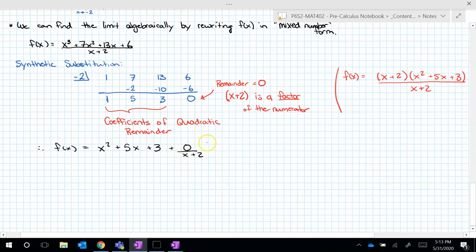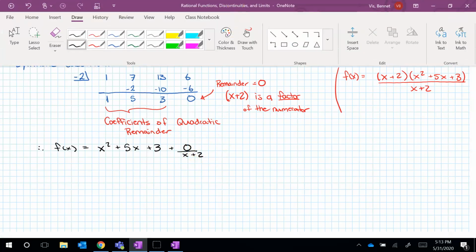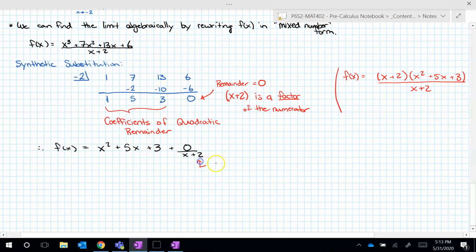But this 0 divided by x plus 2 is equal to 0 always, everywhere on the graph, except at x equals -2, where I'd do -2 plus 2, which is 0, in the denominator, and I would get this undefined piece. But this thing doesn't really change the graph at all.